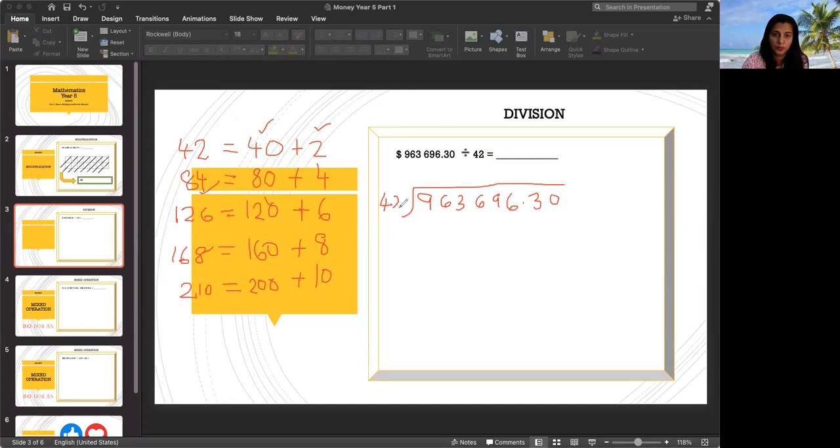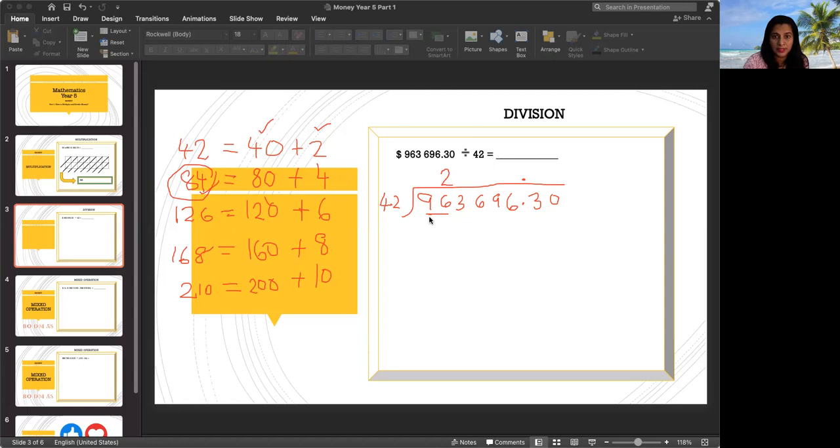So do not forget at this point here, there is a decimal that has to go up with your answer. Now ask yourself, 9 divided by 42. Of course, I can't do. So now I ask myself, how about 96 divided by 42? And so I have here a little 84, which means I can have two 42s in 96.